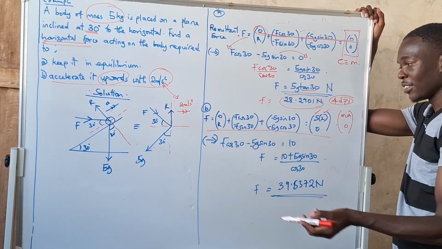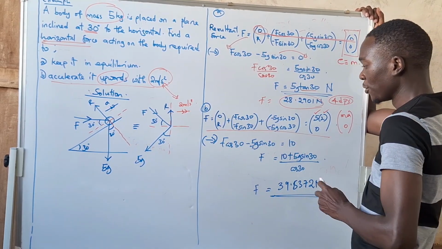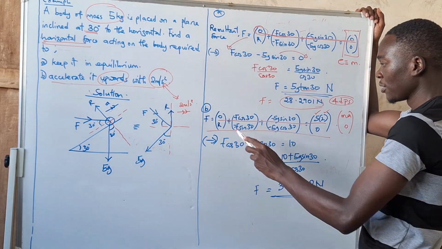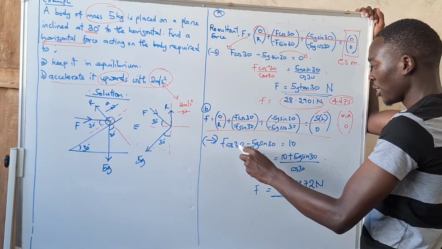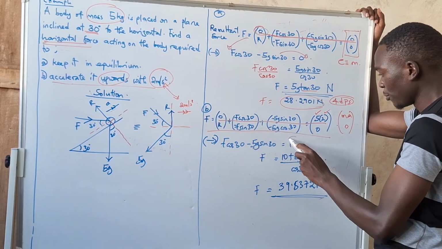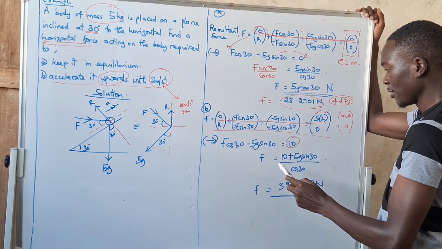And vertical, it's 0. Our interest is in horizontal, so we shall still take out the horizontal components. The 0 becomes insignificant, so we have F cos 30 minus 5g sin 30 equals 5 times 2, which becomes a 10. So this one can cross to become a plus.